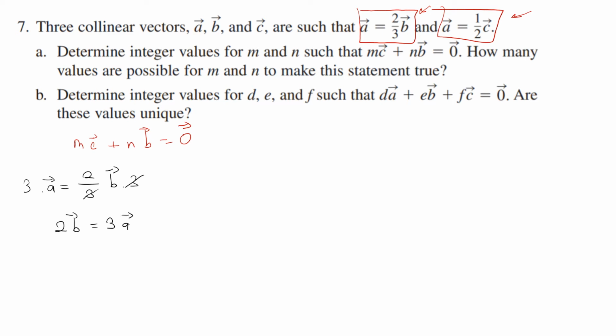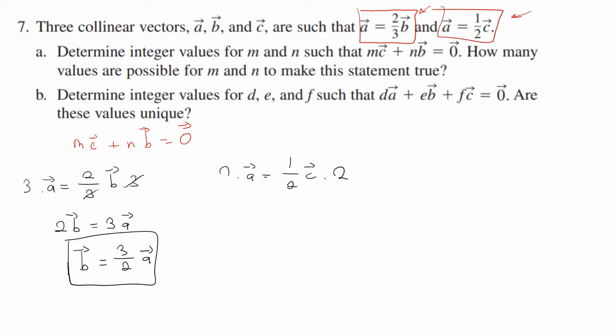Now I'm going to divide each side by 2 to get vector b equaling 3/2a. Now I'm going to do the same thing for the c, where I have a equaling 1/2c. I can multiply each side by 2 to get rid of this. So now for c, I have 2a.